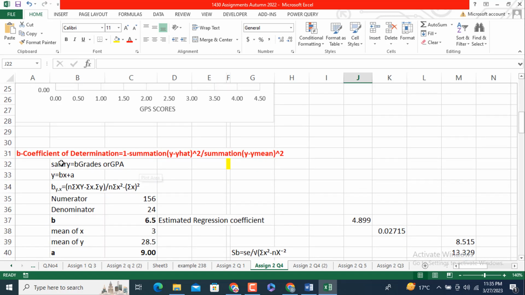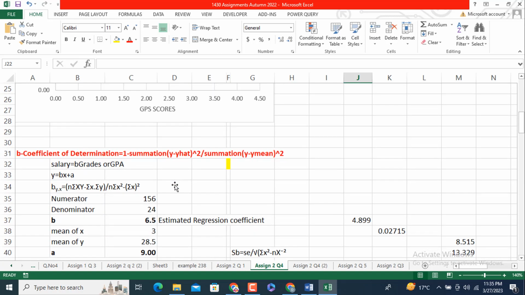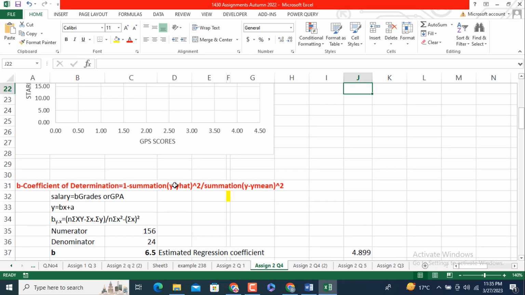Now the second point is to determine the coefficient of determination. If the equation is a linear equation based on one independent variable, then the correlation coefficient and the coefficient of determination are similar. But in case of a multiple regression equation, where we have two or three independent variables, the case is different, and the coefficient of determination is different from the correlation coefficient.